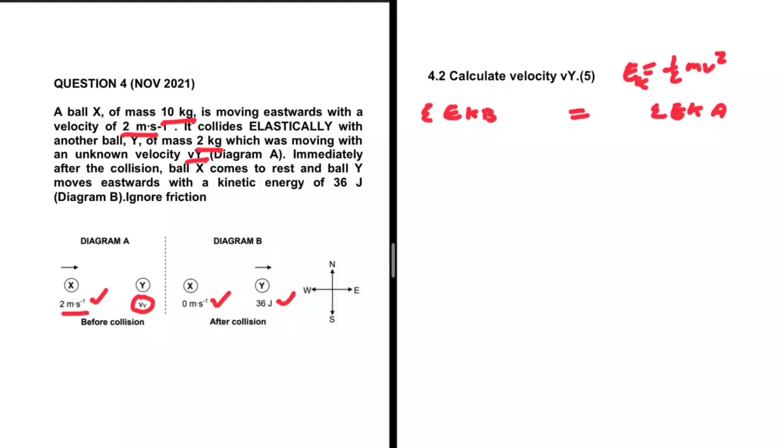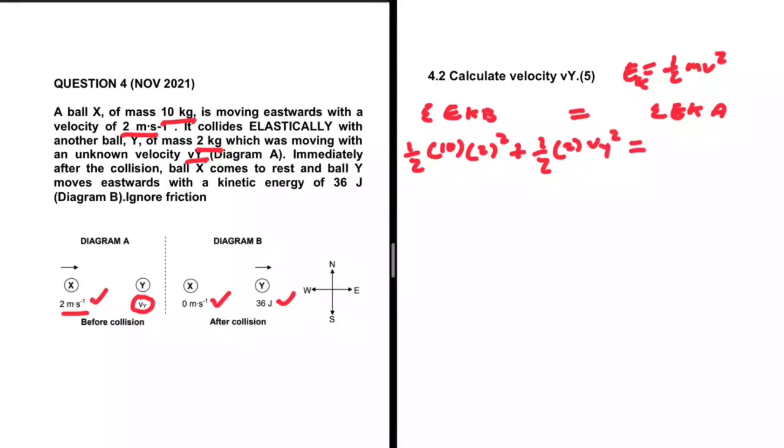For ball X, as we can see on the diagram, we're gonna have 1/2. The mass for ball X is 10 kgs, so we have 10 kgs multiplied by 2 squared, that is its velocity, plus the kinetic energy of ball Y. So we're gonna have 1/2, the mass of ball Y is 2 kgs multiplied by Vy squared.